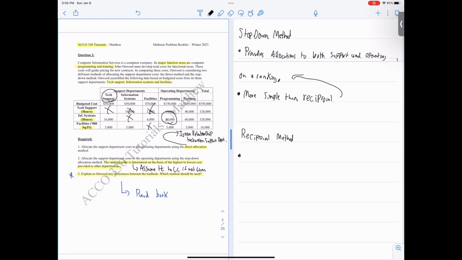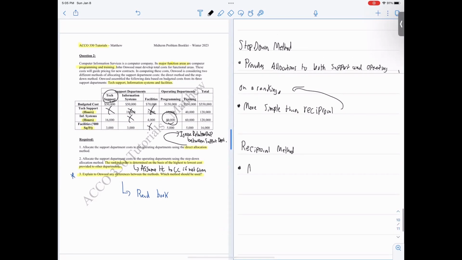So reciprocal: all support departments allocate cost to each other and operating. They reciprocate everything between each other. They help everyone and operating. So that's the most important thing. They help everyone. It's not only on a ranking basis.